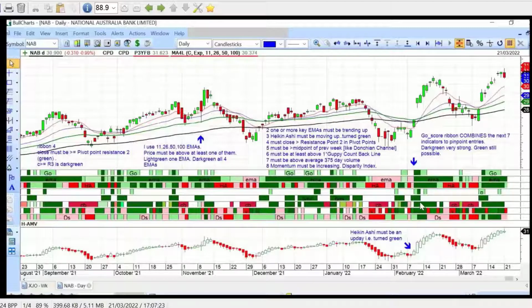The next variable is quite complicated, it's Darrell Guppy's countback lines. I gave a presentation on this last year, and I quite like them. I even use them in 1 minute trading sometimes.